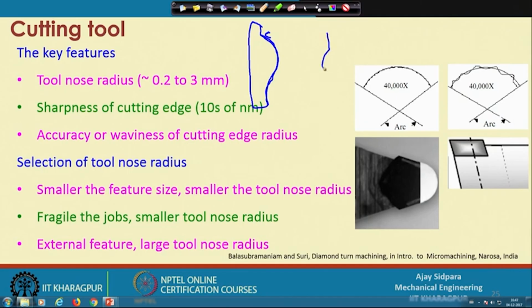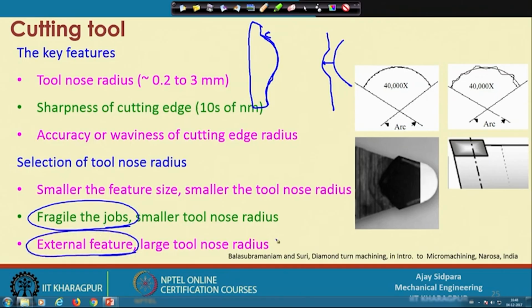If the features were internal, you would not be able to penetrate to the extreme position, but these are external features, so it will not make much difference in this case. It depends on which type of workpiece you are cutting, but as a general statement, the larger or more external the feature, the better to go with a larger nose radius, so that you can do more cutting and finish your tool path very quickly.